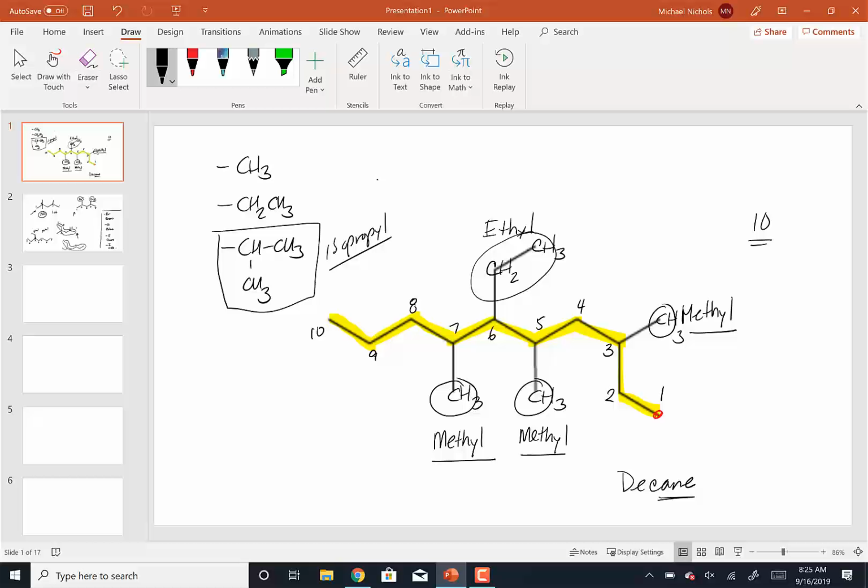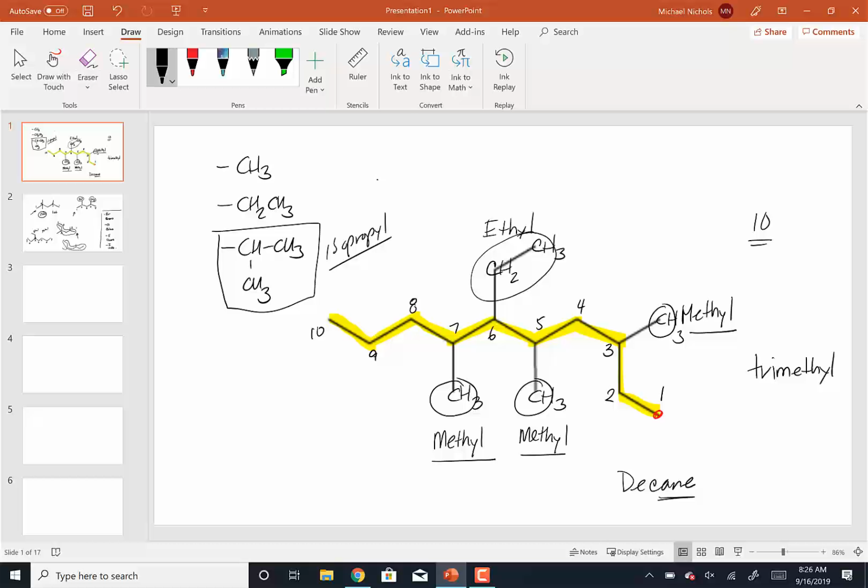Okay. So in this case, I've got 3 methyl groups. So this is going to be a trimethyl. And whenever I have a tri something, there must be 3 numbers in front of that.